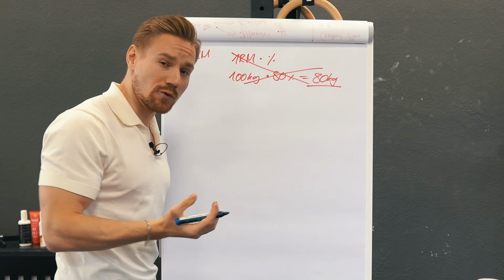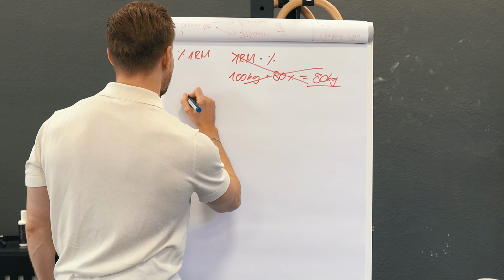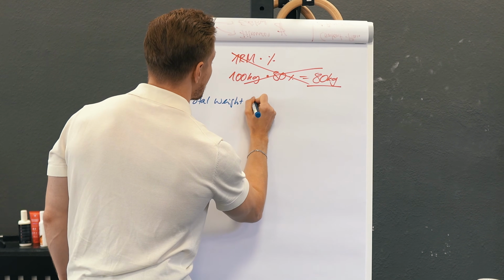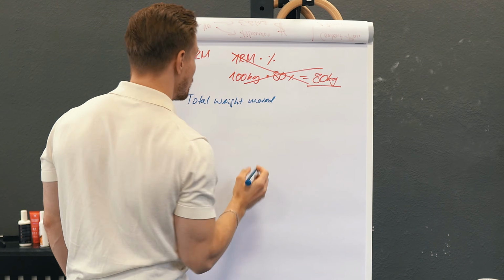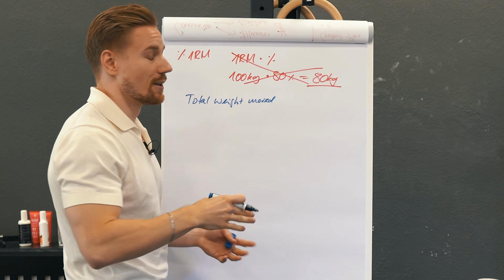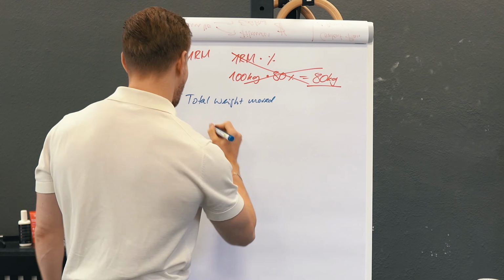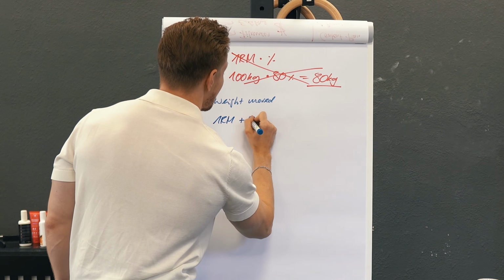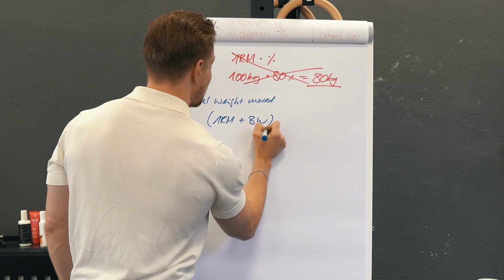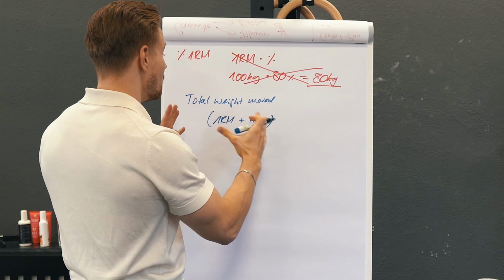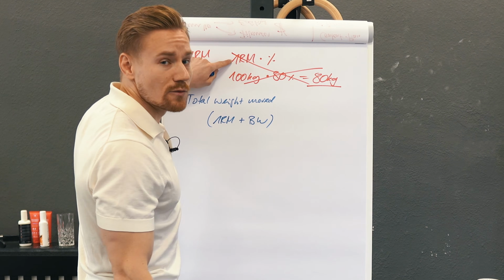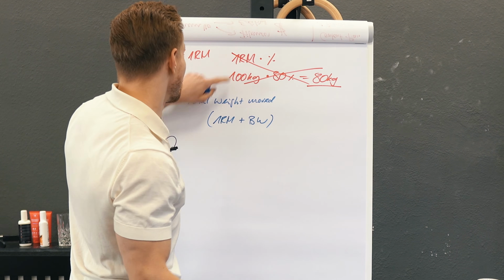So the first thing that we want to calculate is the total possible weight moved, which is the 1 RM plus our body weight, because that is the base of the calculation, whereas in an exercise where we don't move our body weight, it's just the 1 rep max.